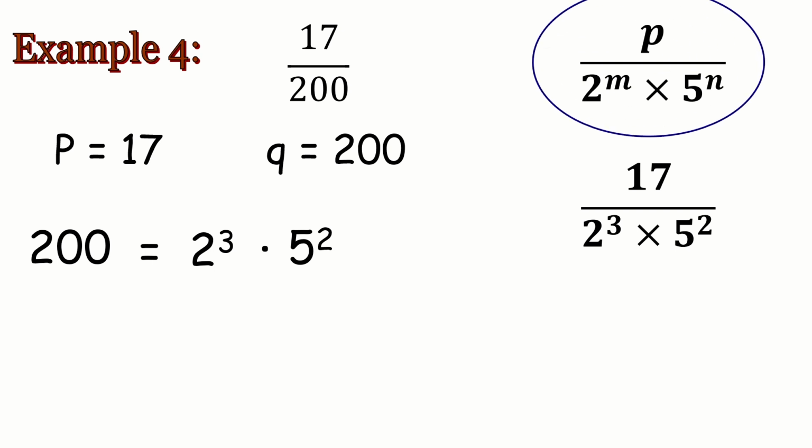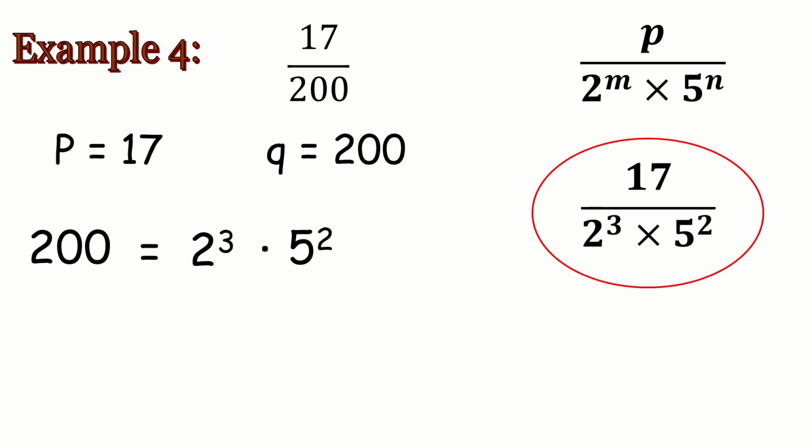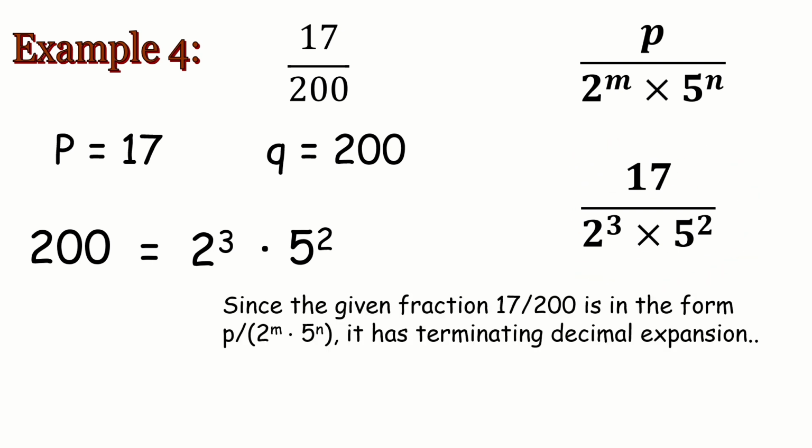Does this look like our formula? Yes, it does. So since the given fraction 17 over 200 is in the form of P over 2 to the m times 5 to the n, it has a terminating decimal expansion. So 17 over 200 is a terminating decimal expansion.